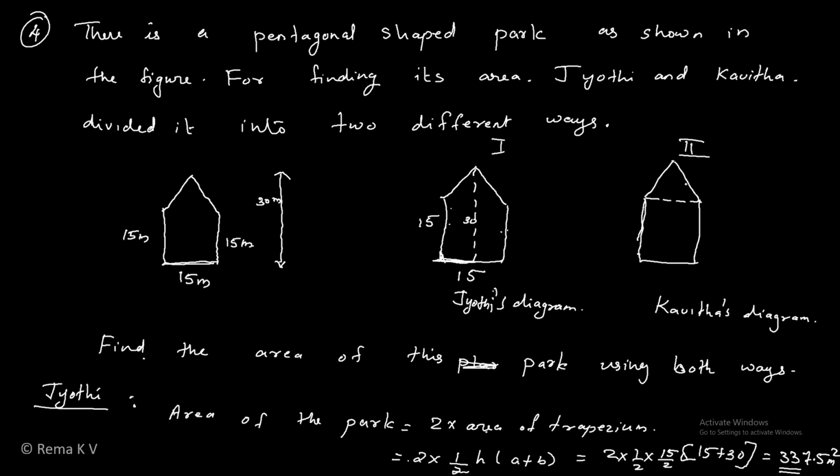Give your answer. How did Kavita calculate the area? Area of square plus area of triangle. Okay. Area of the figure, area of the park equals area of square plus area of triangle.